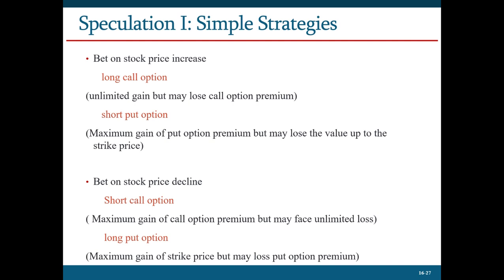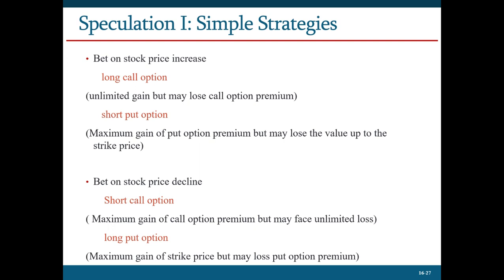And alternatively, you can sell a call option to bet on the stock price to decline. When you sell a call option and the stock price increases, what will happen? Well, in this case, you may face unlimited losses.